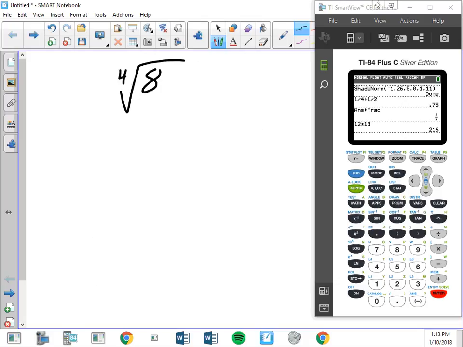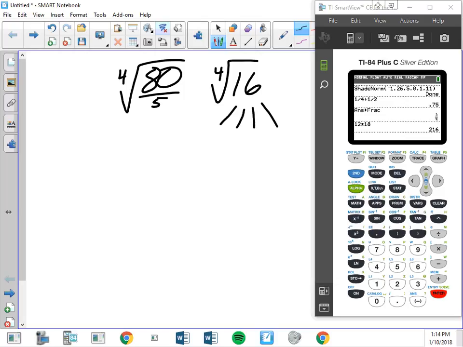All right, what about this one? The fourth root of 80 over... Oh, sorry, the fraction's on the inside. Over 5. Should I factor these separately and then simplify, or should I simplify and then factor? Let's definitely simplify. So how many times does 5 go into 80? 16. So I get the fourth root of 16.